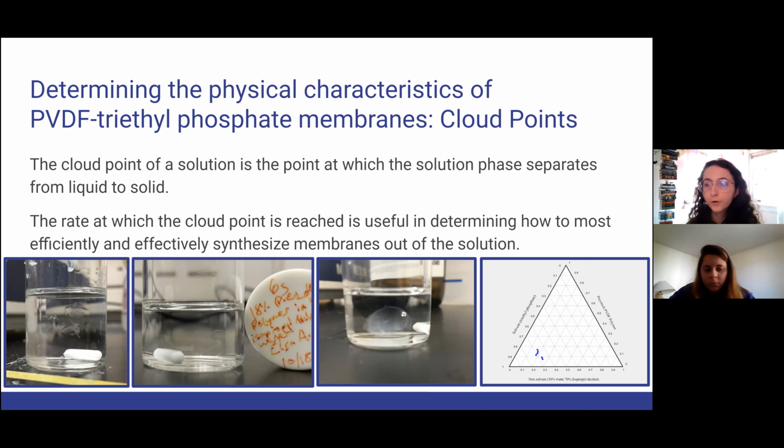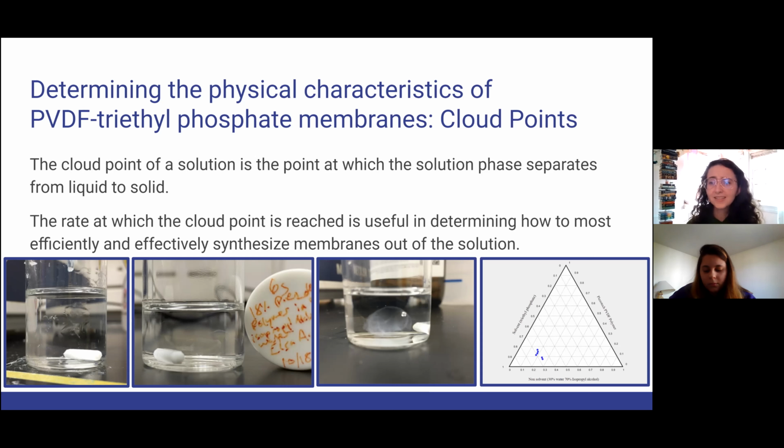And so over the course of several months, I added in water, isopropyl alcohol, or a mixture of both, which you can see me doing in that first picture. And then I added the water or isopropyl alcohol until I reached the cloud point, when the once clear liquid develops an unmistakable cloudiness, which is shown in that third picture.